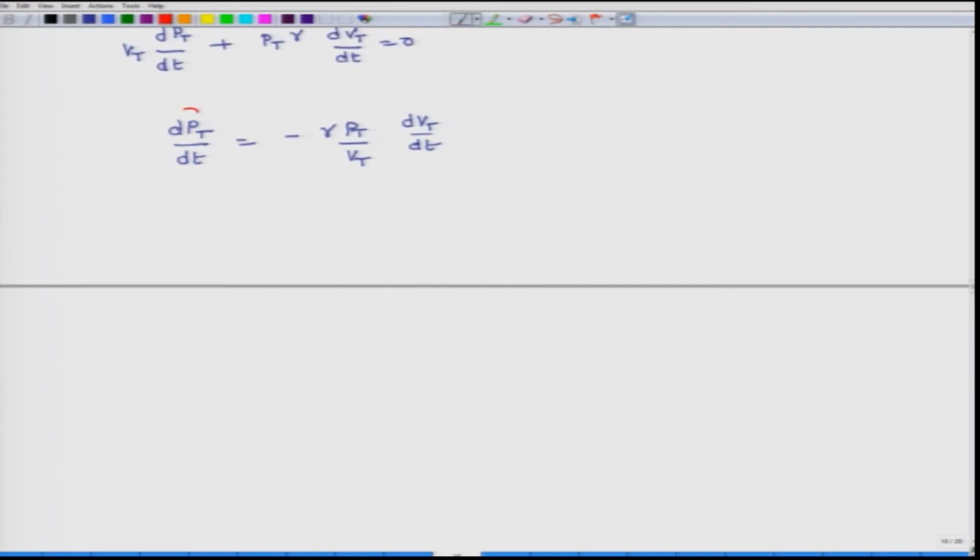Now, this is the total derivative of pressure in time. So, I can write it as dP(t)/dt is equal to the partial of pressure in time plus del P(t)/del x times dx/dt. And what is this? U, right.